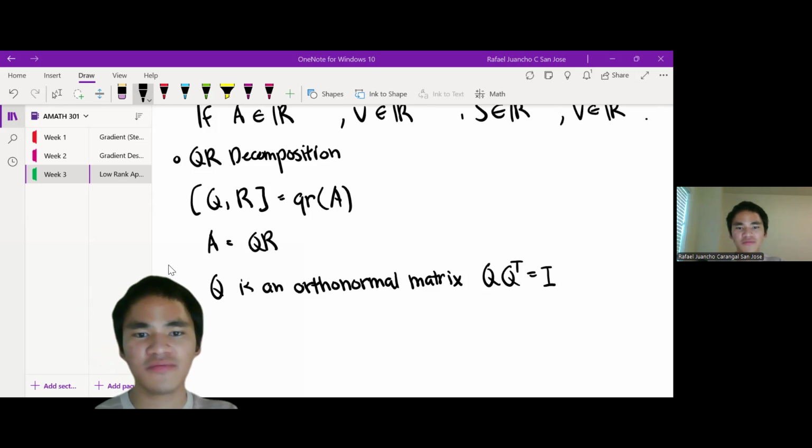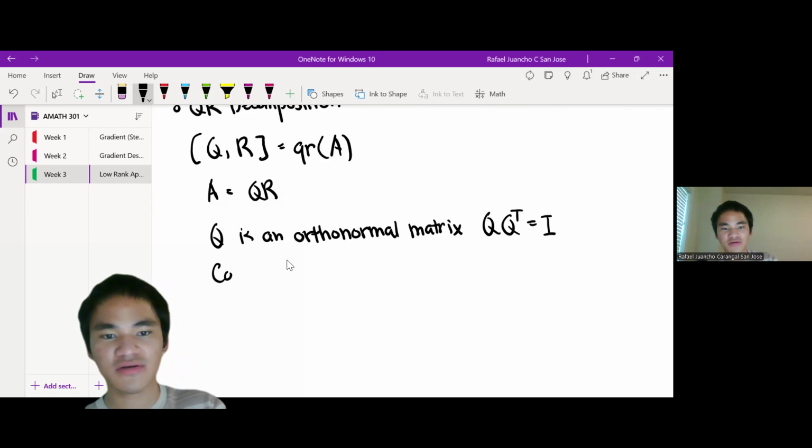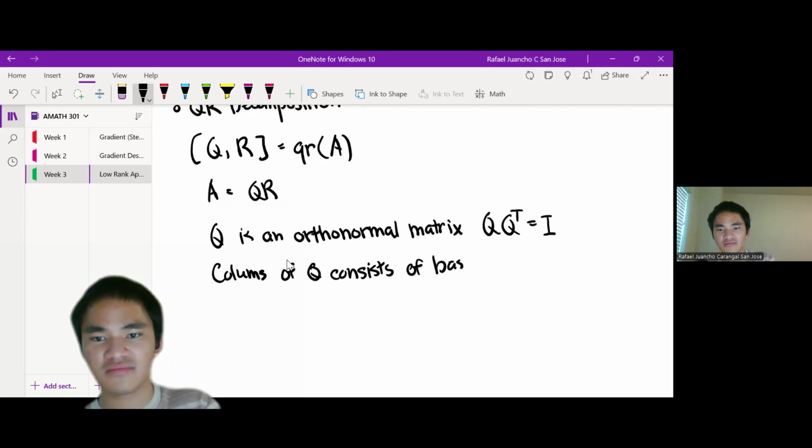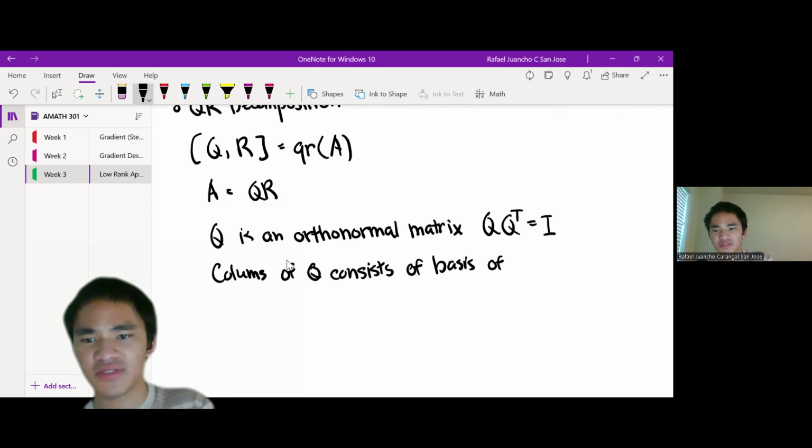And so the columns of Q consist of the basis of the column space of A. So let me just write that. Columns of Q consist of basis of column space of A.